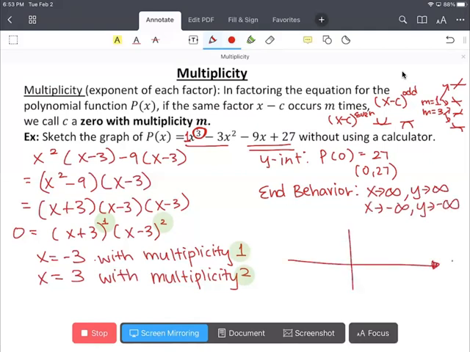Now we can graph by plotting -3, +3, and the y-intercept at 0, 27. Because of end behavior, I know that my graph looks like this.